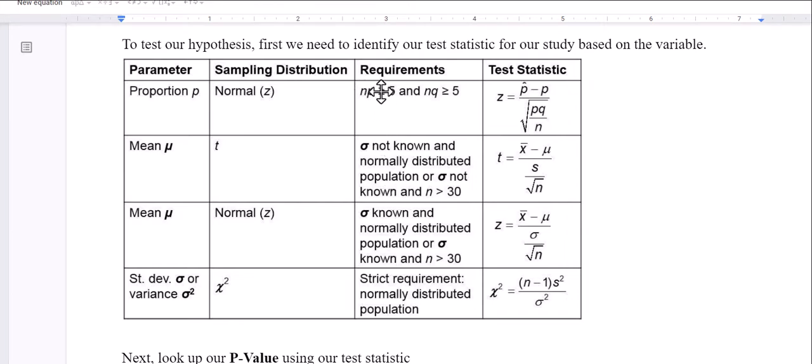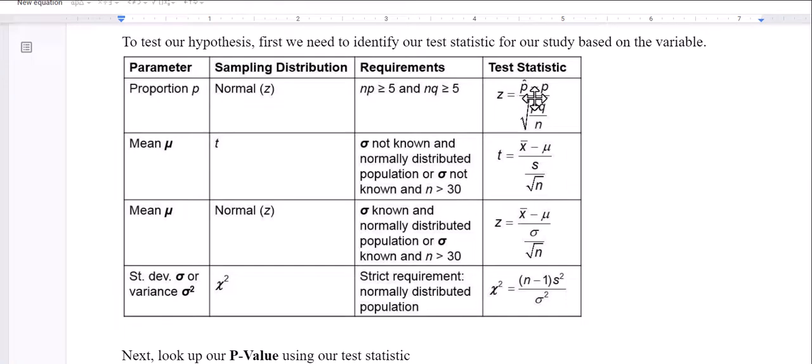The approximation to the normal says that the size of the sample times the probability of success has to be bigger than 5, and the size of the sample times the probability of failure has to also be bigger than 5. So essentially the number of successes has to be more than 5 and the number of failures has to be greater than 5. Then we use z-scores to find our test statistic for a proportion.